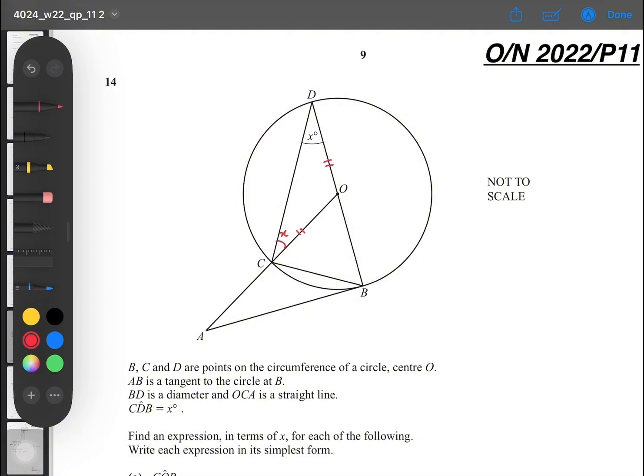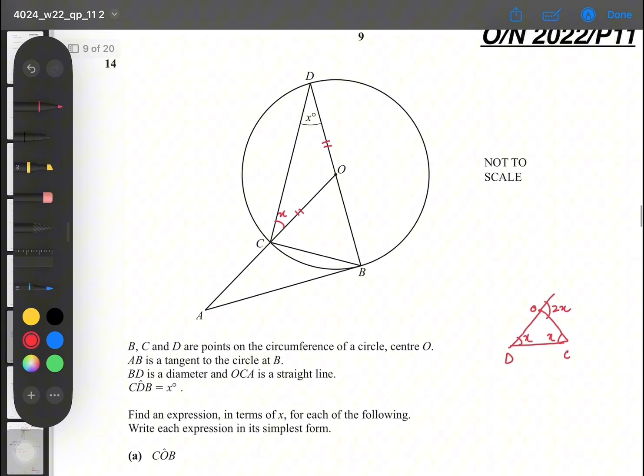So if we consider triangle OCD, if this is x, this is x, then this angle is equal to 2x. This is point O and DC. So angle COB, that angle is 2x.